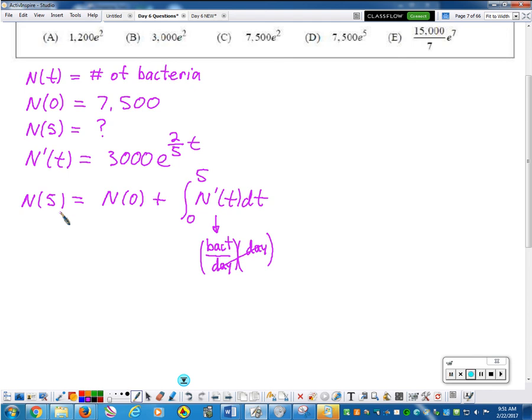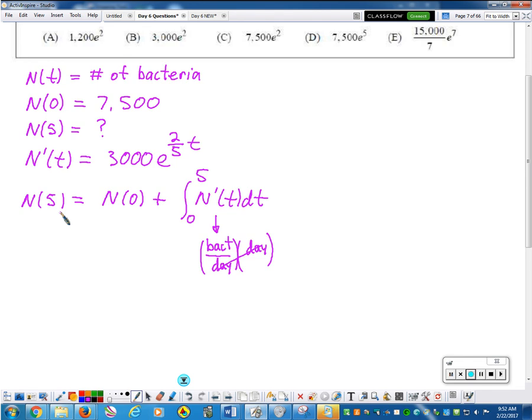I get that n of 0 is 7,500 because you start with 7,500, but because the interval's from 0 to 5, aren't you kind of counting 0 twice? I know your question, it's actually very good. Let me try to see if this helps. The integral really isn't counting 0.